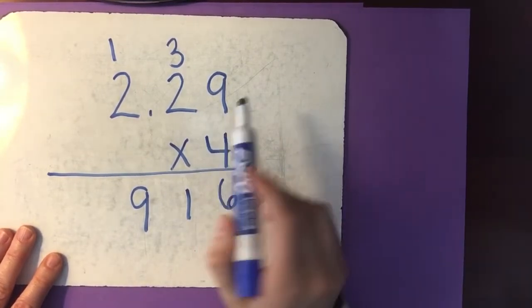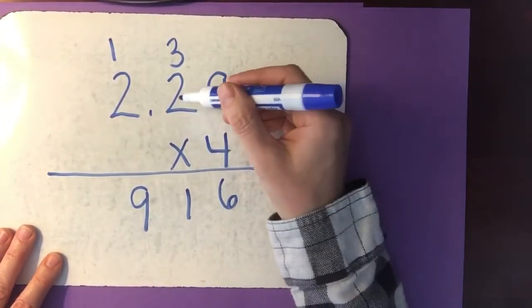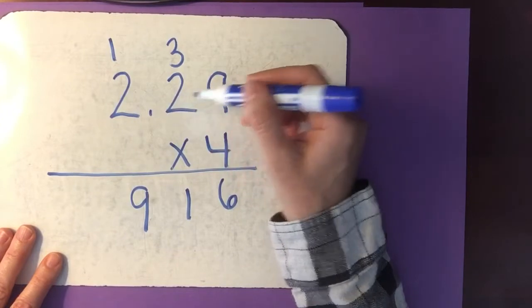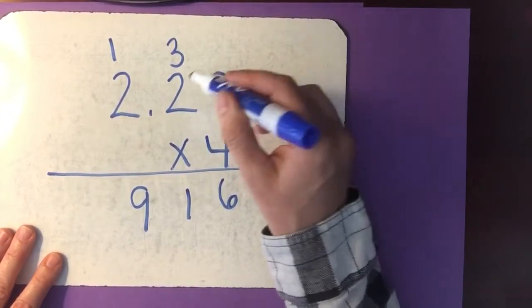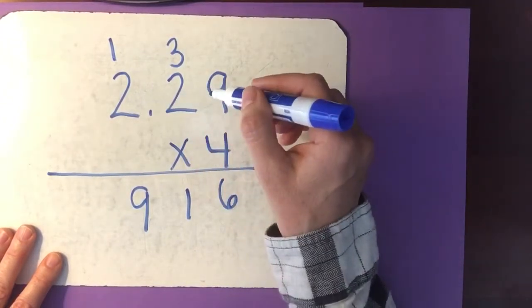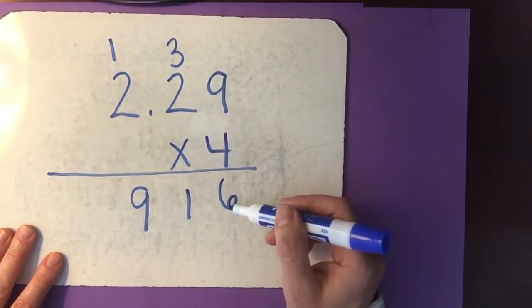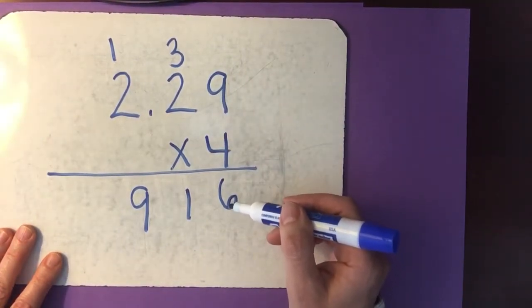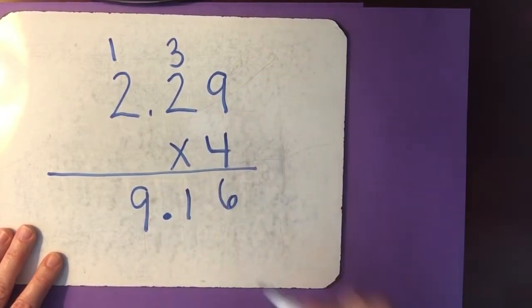Well, we're going to take a look at this and we're going to notice that there are 2 numbers to the right of the decimal point. So this is our change, right? So if there's 2, 1, 2 here to the right of the decimal, then we're going to come over here and count 2 over, 1, 2, and we'll get our answer that matches up with our money.